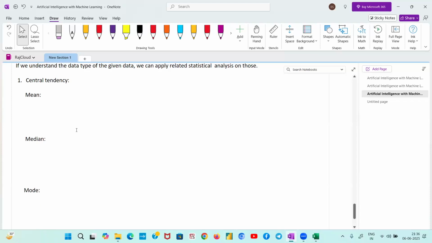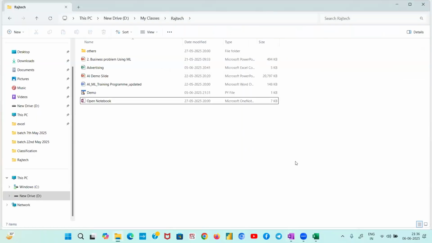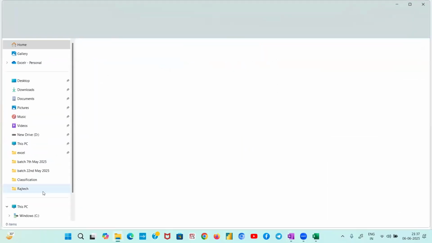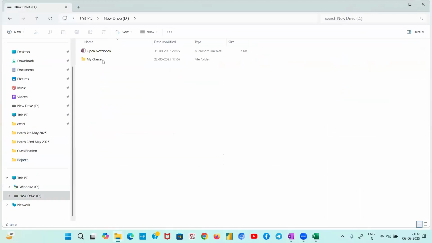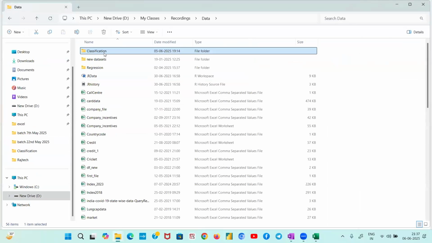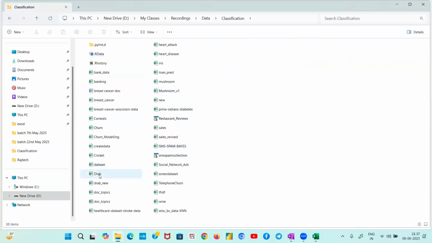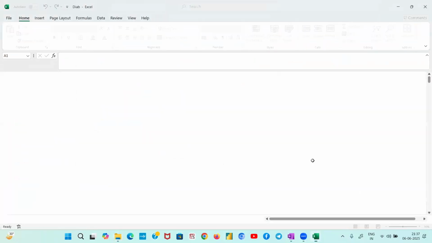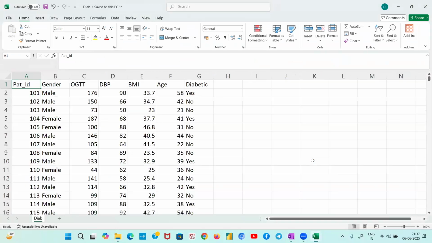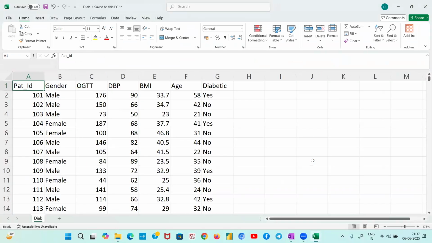So what are these three measures and where are you supposed to learn them? I'll take an example to make it clear why we are learning it. Imagine I am working in a hospital sector and I received patients' information like this.